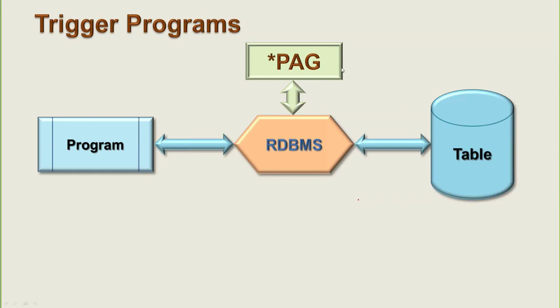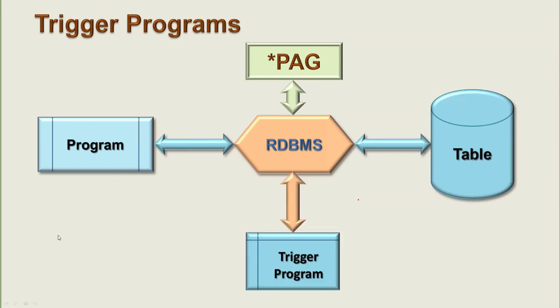And so it can determine from the PAG, and I should have had the slide, but I think you can probably remember it, because the table definition contains the trigger definitions. So the RDBMS will examine the PAG, look for the file definition table, and determine whether, in fact, there are any triggered programs involved in this particular request from the program.